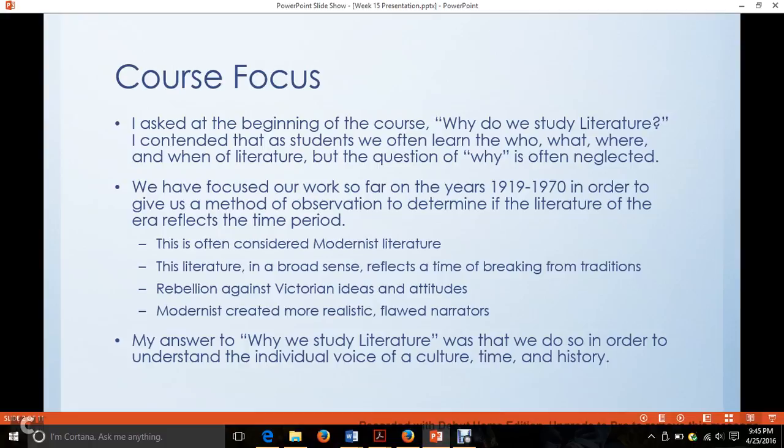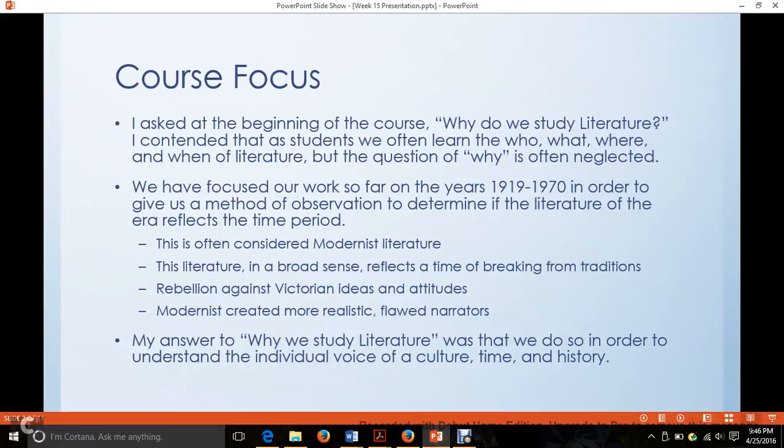And I thus far have had the focus of the years 1919 to 1970 because my answer to the question was that we study literature in order to understand the individual voice of a culture or a time or of history.